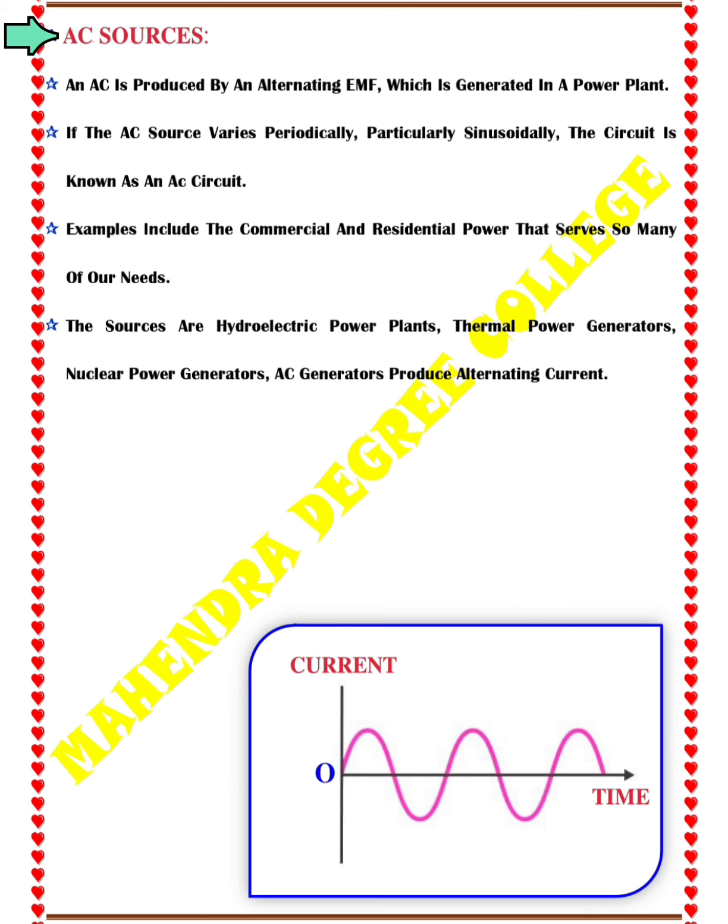Common examples of AC sources are AC generators, mains electricity supply, and inverters. Advantages of alternating current sources: easy to transmit over long distances with less power loss.